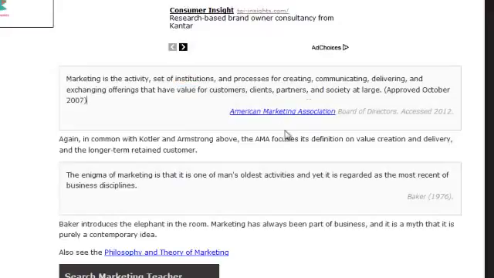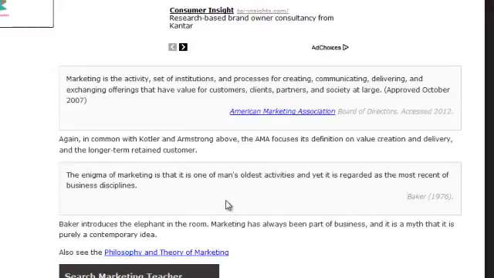The American Marketing Association definition encompasses a lot of what Philip Kotler says, but also the flavour of the Chartered Institute of Marketing definition, but takes it from more of a global and societal perspective and looks at customers, clients, partners, but also society at large, which is very interesting to us.